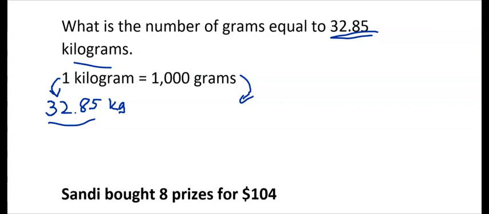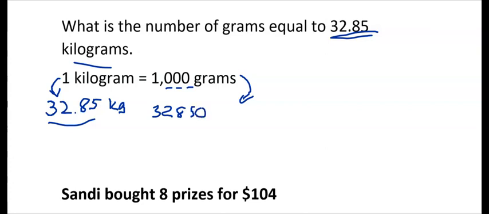So if you do that, obviously there's 3 zeros in 1,000, which means you're going to move the decimal over 3 places, which means you're going to end up with 3, 2, 8, 5, and then we're going to have to add the 0 to get that third one over.